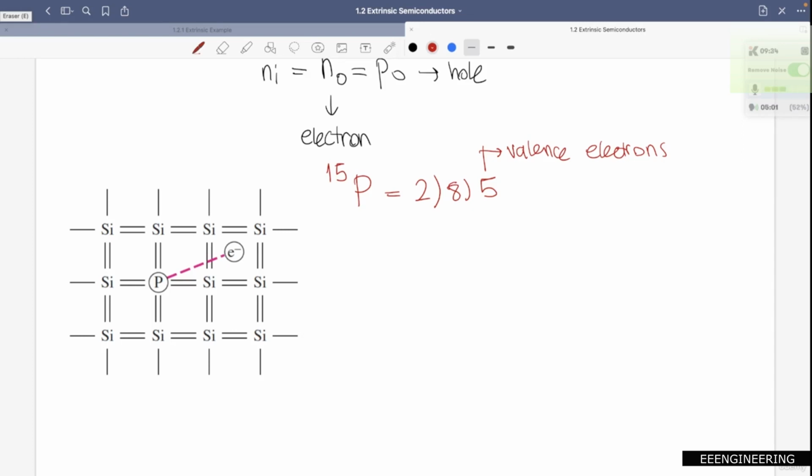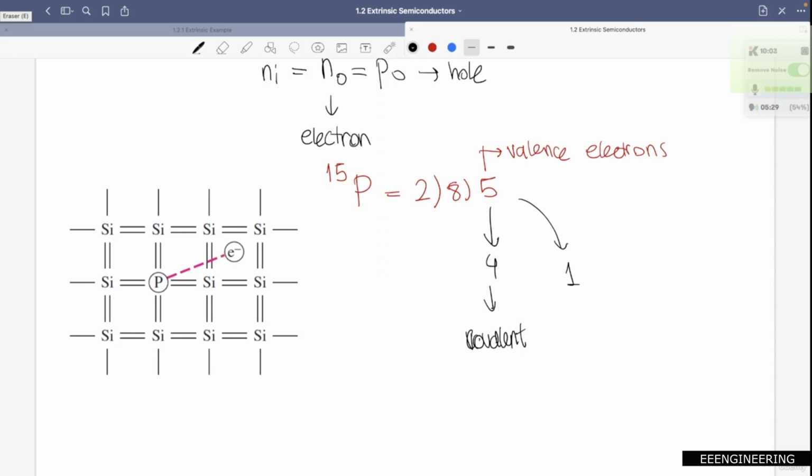So again, let me repeat here. The phosphorus atom has 5 valence electrons. So 4 of them will go into covalent bonds, and 1 of them is loosely bound to the phosphorus atom, meaning that the bond is not tight. At room temperature, this 5th electron can easily break free, and this is the whole idea behind extrinsic semiconductors.